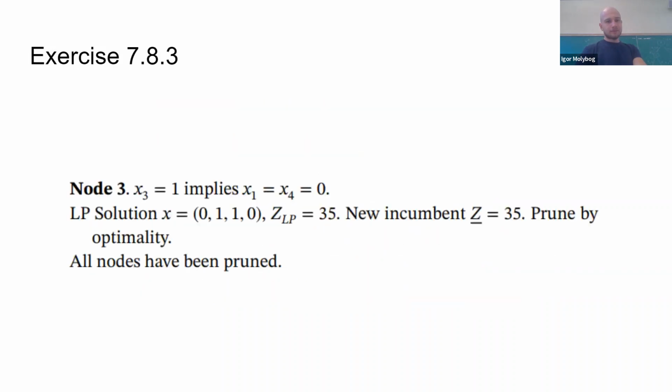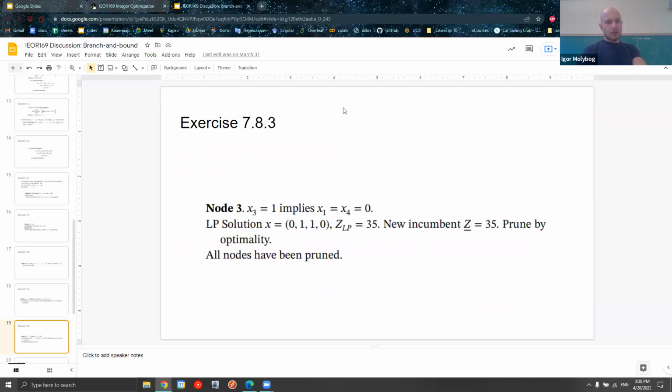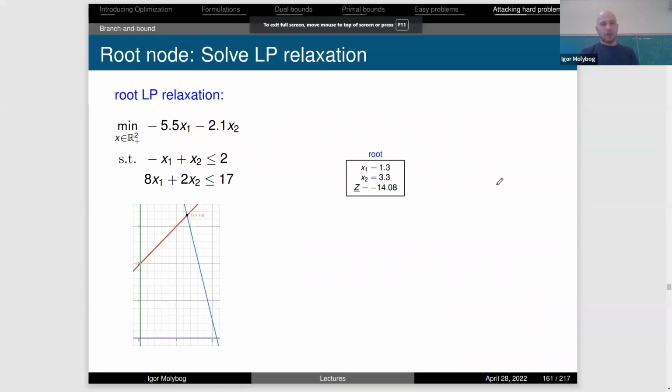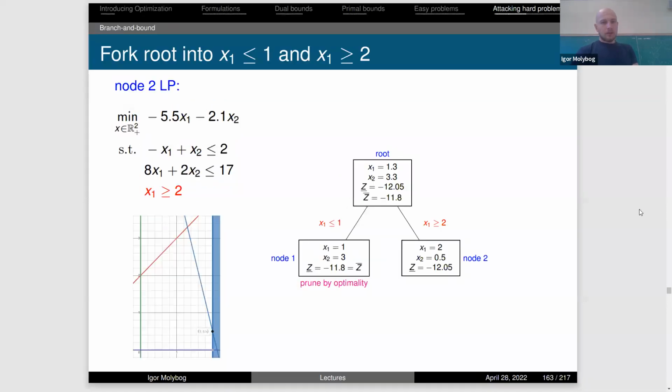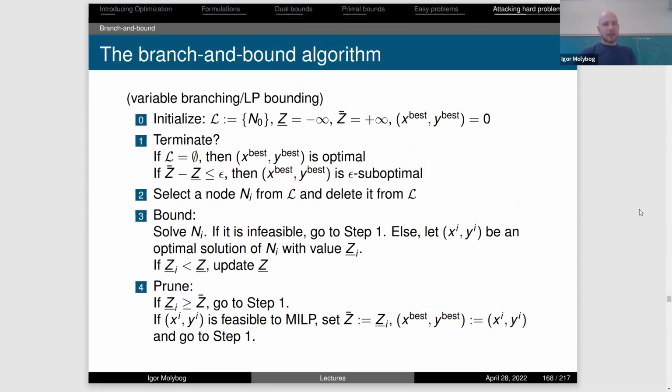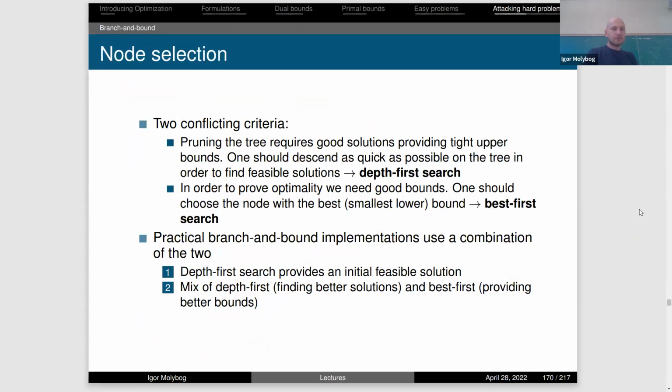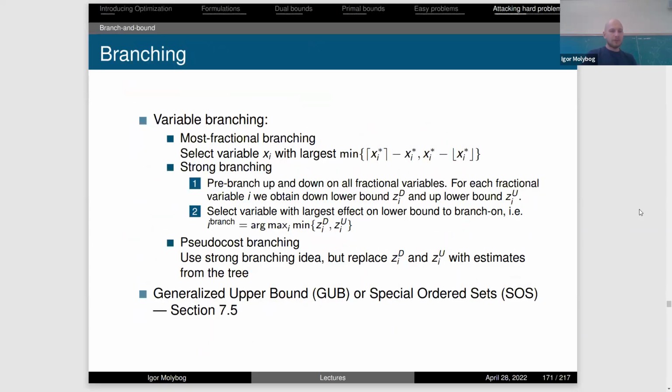Okay. Let me speak a little bit about what was coming after the branch and bound algorithm. We have seen different alternative ways of branching.